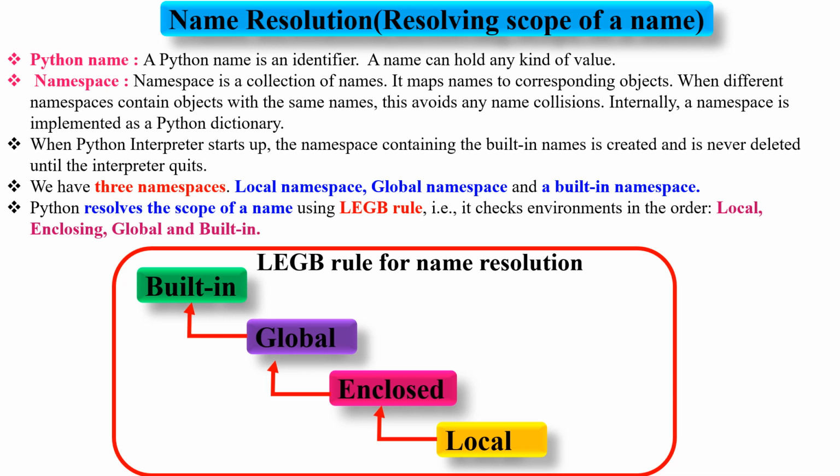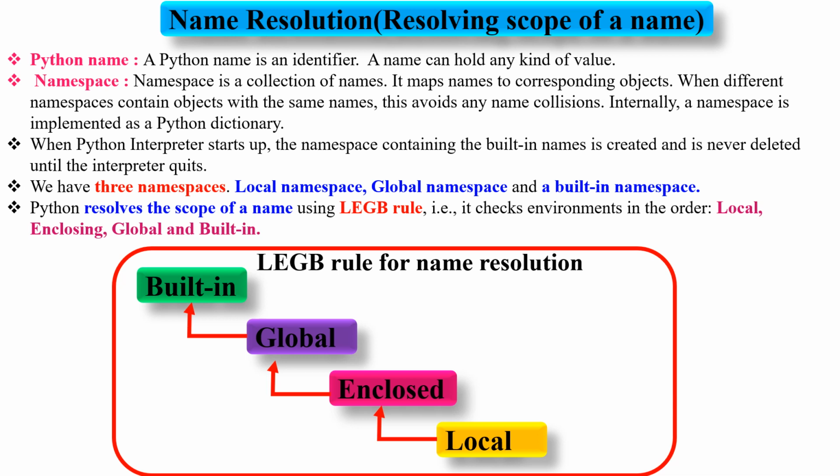When the Python interpreter starts up, the namespace containing the built-in names is created and is never deleted until the interpreter quits. We have three namespaces. Local namespace. Local namespaces are created whenever a function is called, and they hold the names of variables defined inside that function. These names are only accessible within the function's scope.